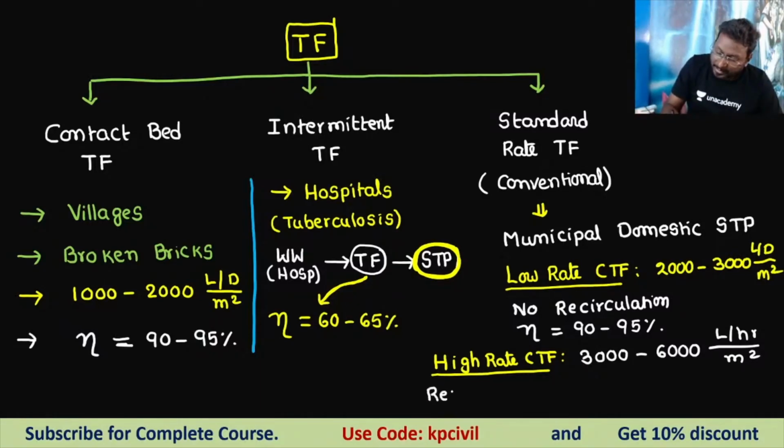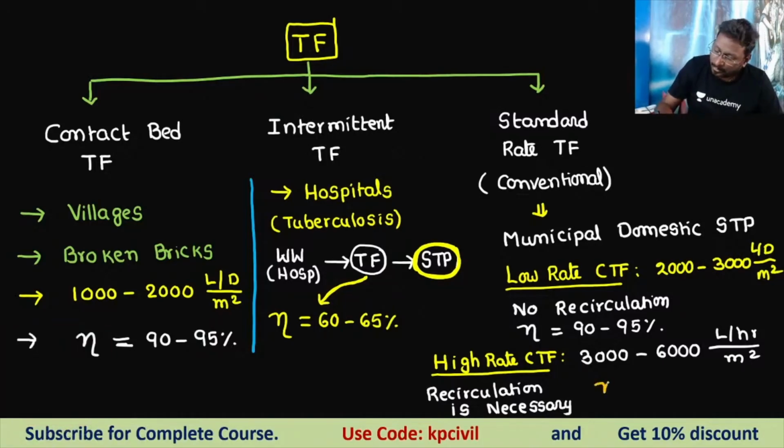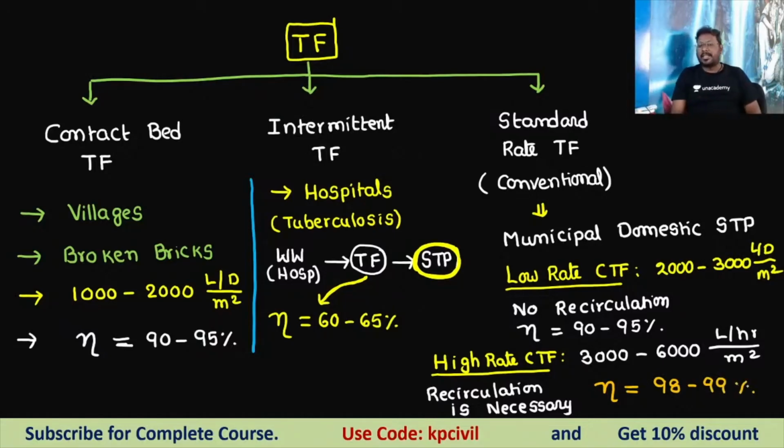Recirculation is mandatory because you are increasing the rate of filtration. So recirculation is necessary. As we perform recirculation, its efficiency goes on increasing, 98 to 99%.